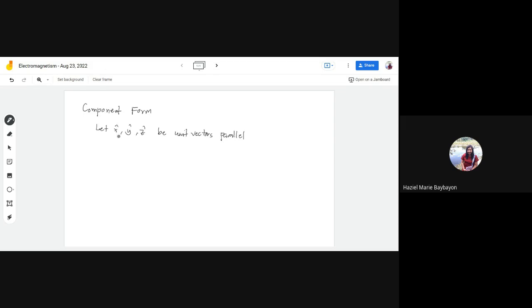Your x hat is actually your i hat, y hat is j hat, and k hat is your z hat. So let x hat, y hat, and z hat be unit vectors parallel to the x, y, and z axis.